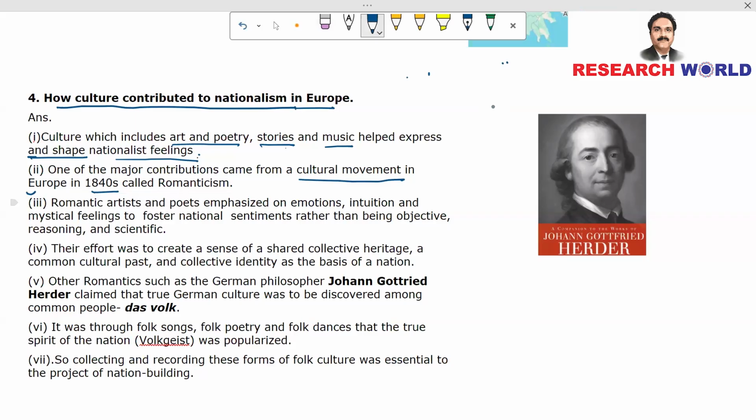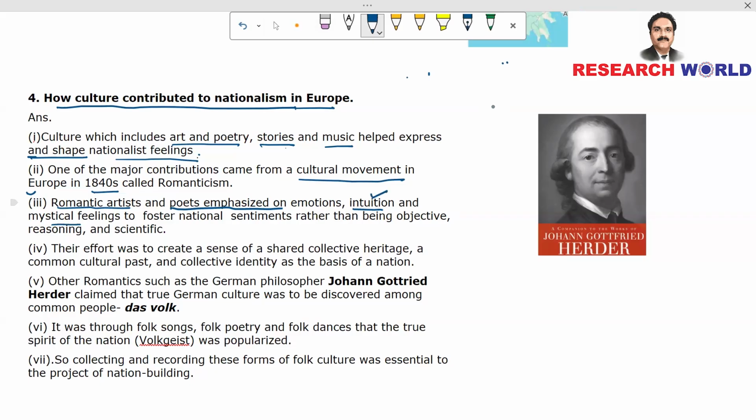So, coming back to the third point, romantic artists and poets emphasized emotions, intuition, whatever you feel at the bottom of your gut. What do you think? Intuition. It need not be very logical. It need not have very sound reasoning, but it is your feelings and thoughts. That is your intuition.